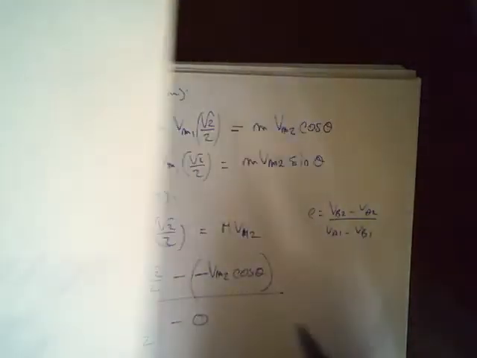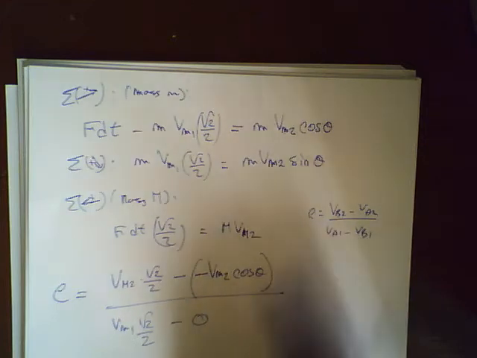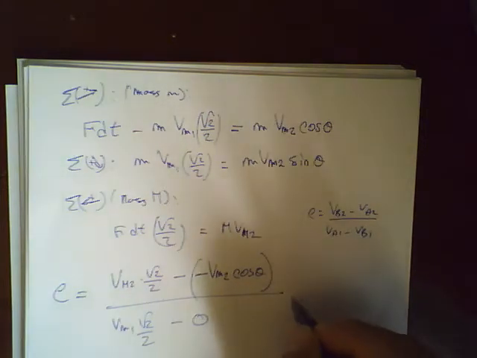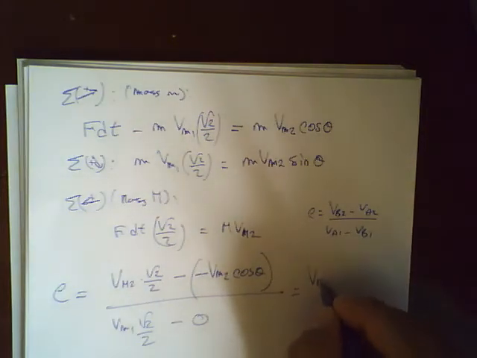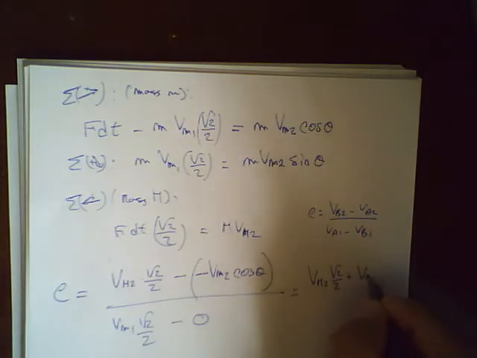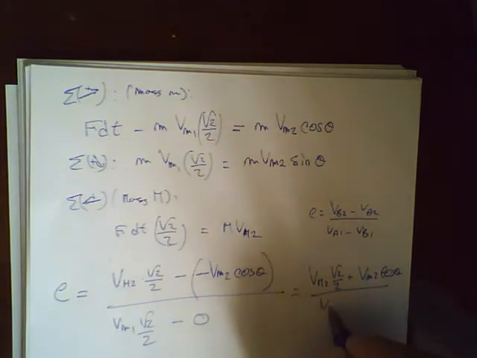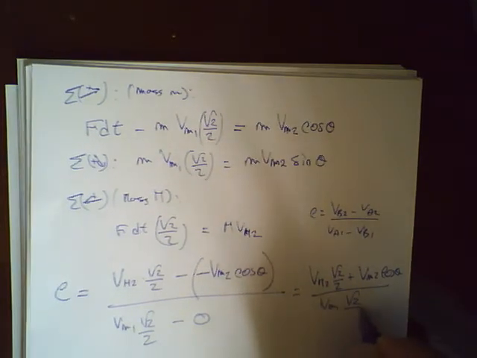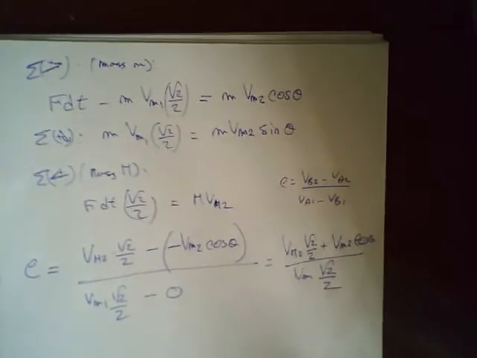There is no velocity of the bigger mass after the impact. So that is going to be equal to VM2 square root of 2 over 2 plus VM2 cosine theta divided by VM1 square root of 2 over 2.